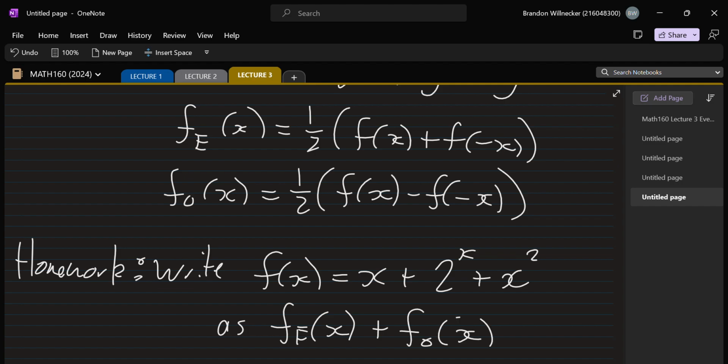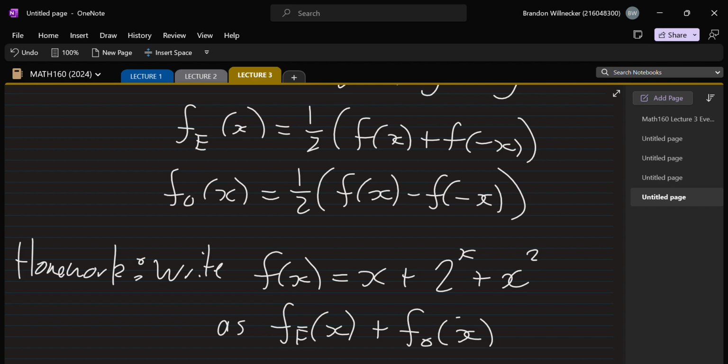Now this one, a little bit more tricky because we can't do it by inspection. Why? x, even or odd? Odd. x squared? Even. 2 to the x? Neither. It's not even, it's not odd, so where does it go? We can't write it like we had before.